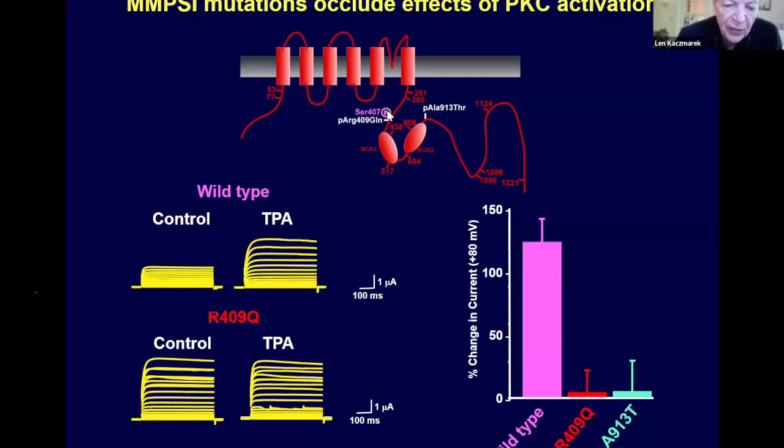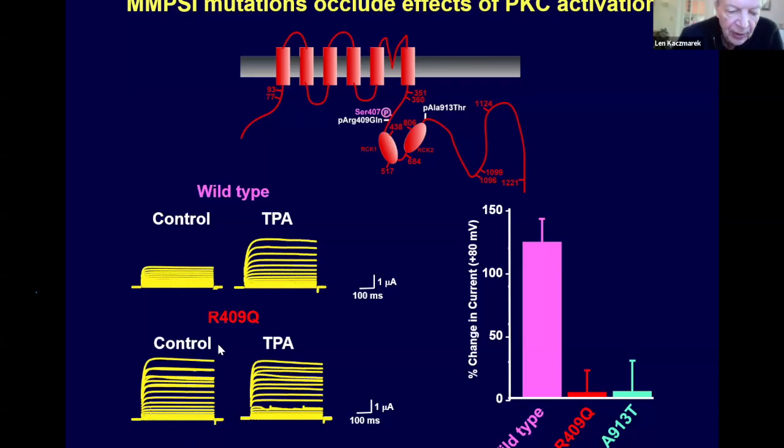And when this is phosphorylated, that increases the amplitude of the current. There's an enzyme called protein kinase C that you can stimulate with this drug called TPA. And when you apply that to a wild type channel, you get this marked increase in current. It stimulates the activity of the channel.